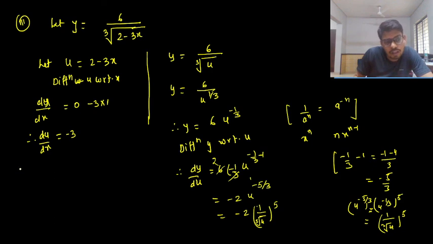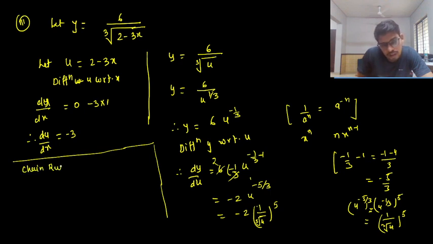Okay, now apply chain rule here. So chain rule is basically dy upon dx will be dy upon du into du upon dx.